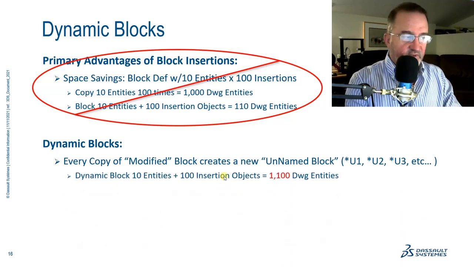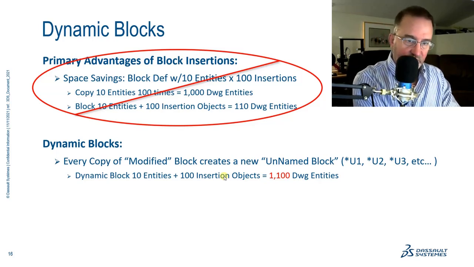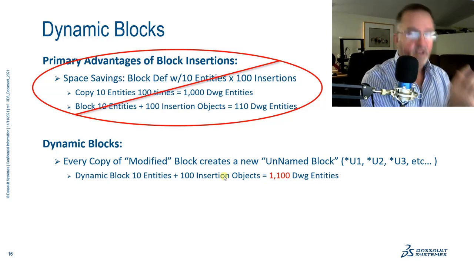So if I put 100 of these dynamic blocks in and I changed each one just a little bit, or multiple times, it's possible I could wind up having more objects in the drawing than I did if I copied all those entities individually, because now every time it creates a new definition of the block, not only does it have an insertion, but it has those 10 entities again and again and again.